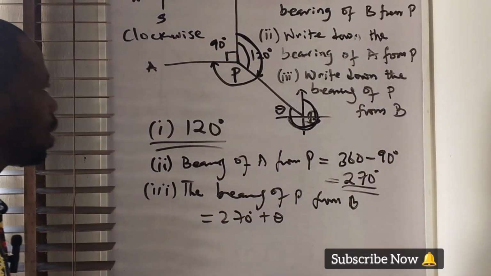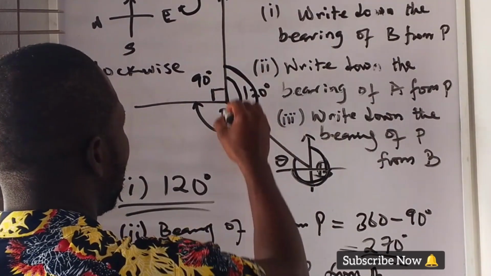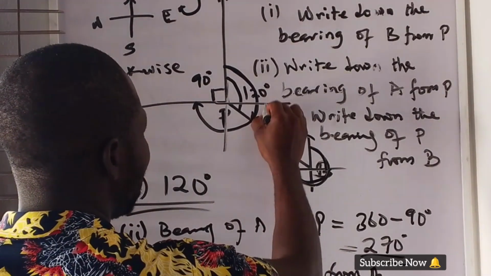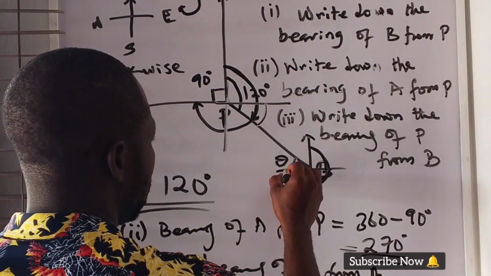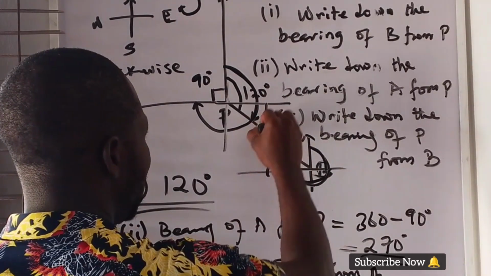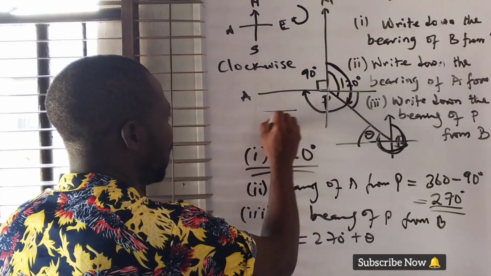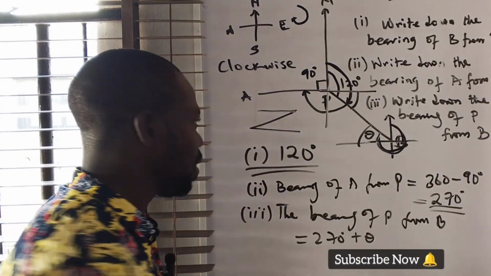Now let's find theta. To find theta is going to be very easy. Looking at this point, if we draw this line down and make it a cross, you notice that this angle is equal to this angle. Remember what I taught on parallel lines, that alternate angles are equal, and I use Z as the cheat code.